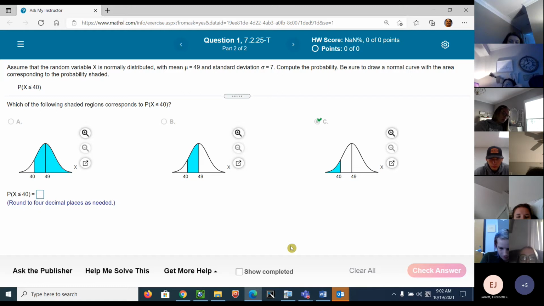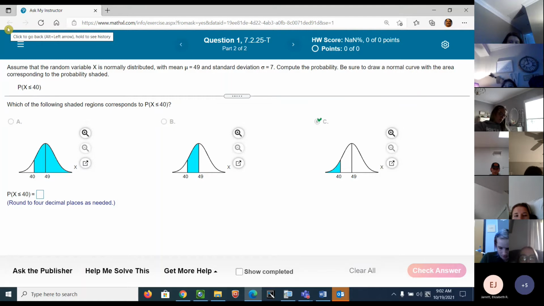Y'all check me, please. 49 minus 7 is 42. 42 minus 7 is 35. 35 minus 7 is 28. Somebody check my math. I suck at subtraction. Somebody give me a thumbs up after you check them. Okay, thank you. And they say they want to know less than or equal to 40.